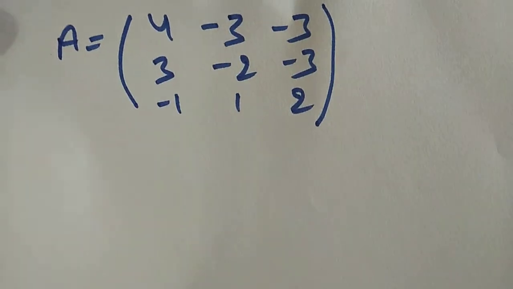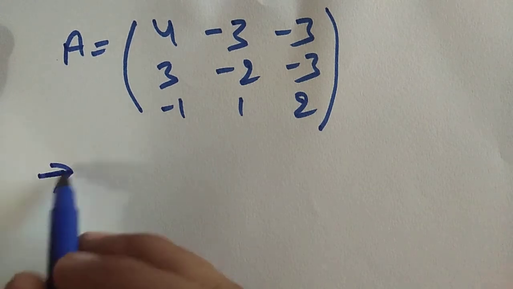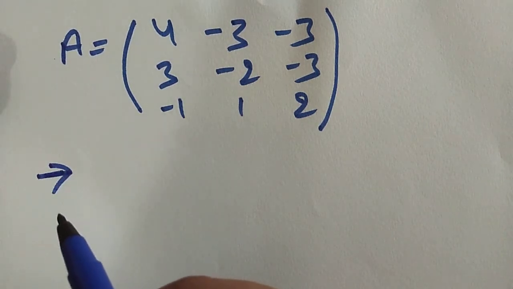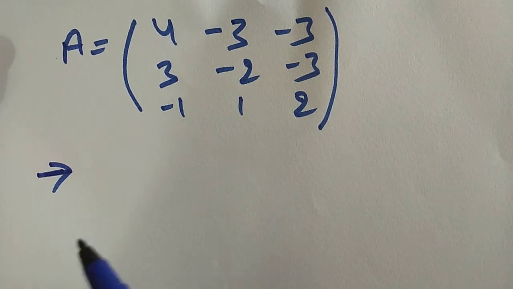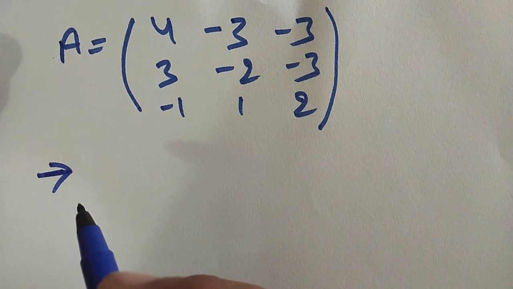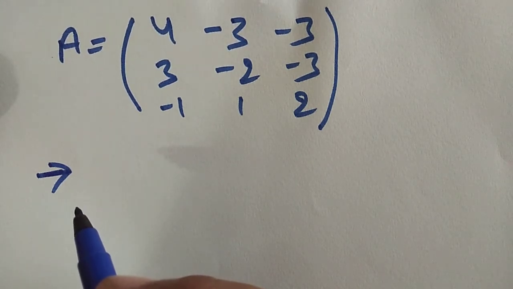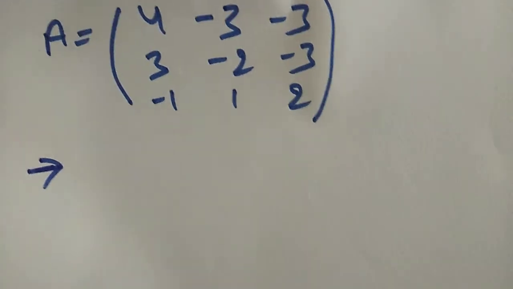Now A is the given matrix, so we need to find the eigenvalues and eigenvectors. I won't focus on finding eigenvalues and eigenvectors; I already have one video on finding eigenvalues and eigenvectors of a given matrix. You can refer to that video.